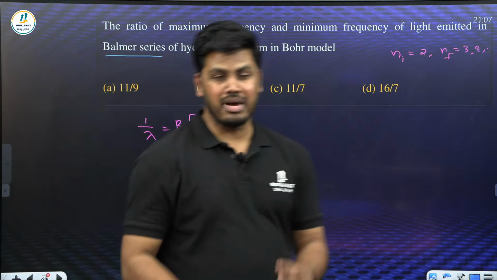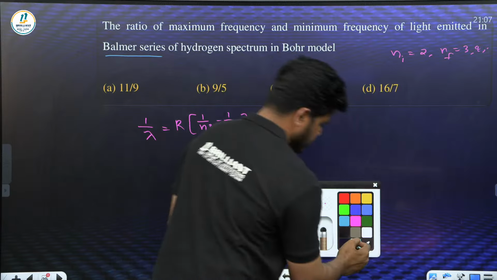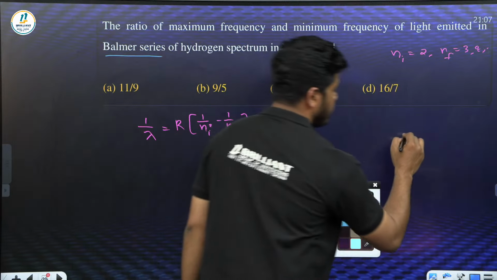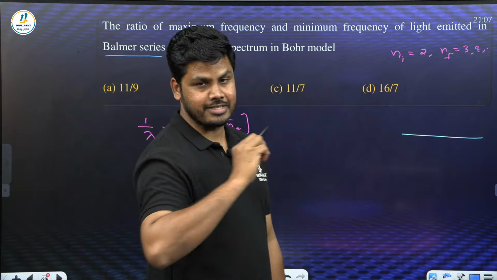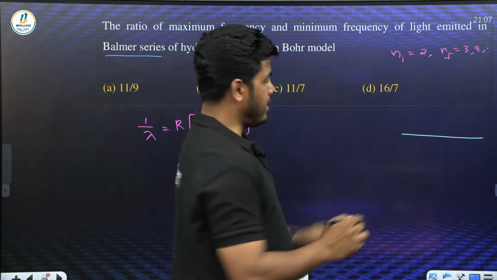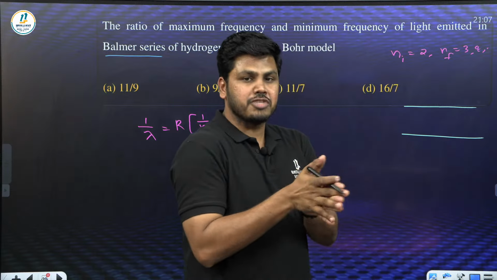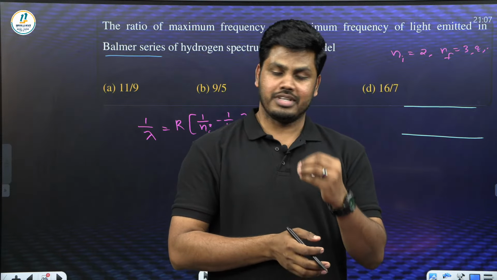You're asked to find the maximum and minimum wavelength, and we have done this during the revision also. In any given spectral series, the maximum wavelength corresponds to the minimum frequency transition.